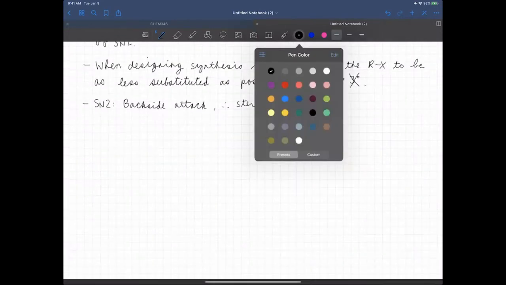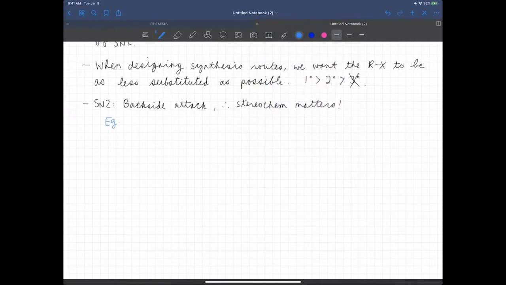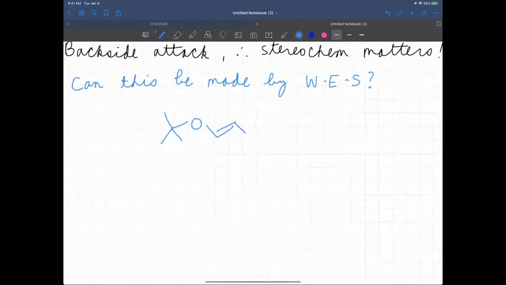Okay, so I'm going to give you an example. Can this be made by Williamson ether synthesis? It's this one here. Can someone tell me, is it possible to make this using Williamson ether?